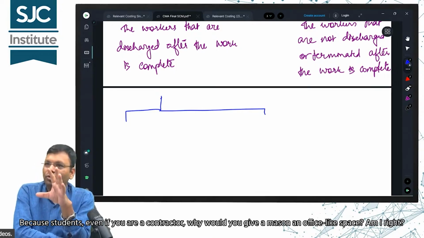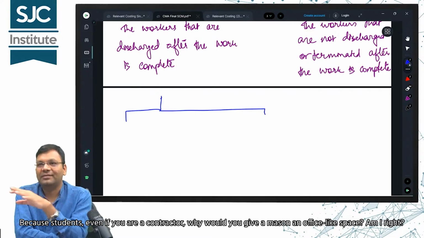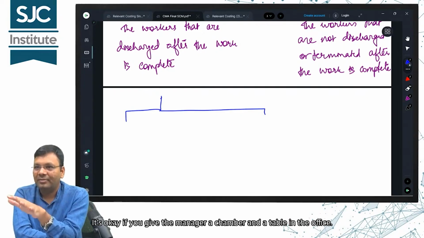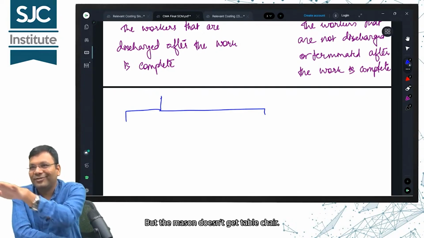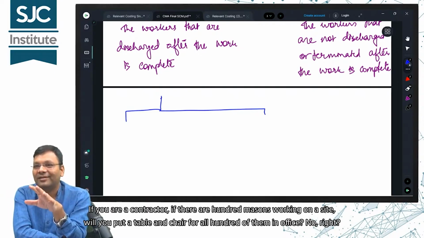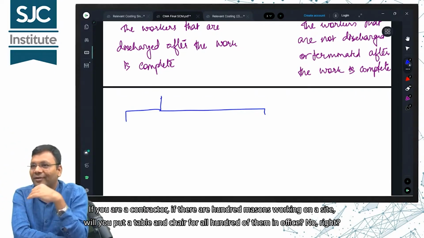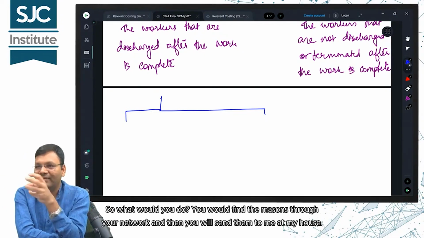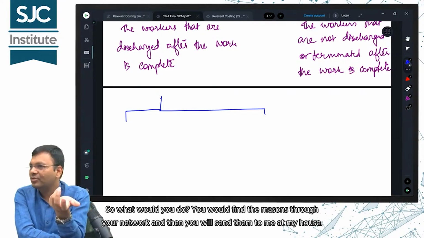Because students, even if you are a contractor, why would you give a mason an office-like space? Am I right? It's okay if you give the manager a chamber and a table in the office. But the mason doesn't get a table, chair. If there are 100 masons working on a site, will you put a table and chair for all 100 of them in the office? No, right? So what would you do? You would find the masons through your network and then you will send them to me at my house.